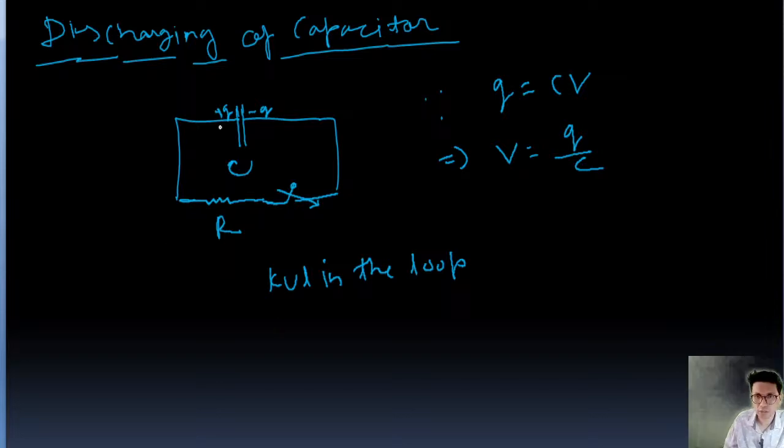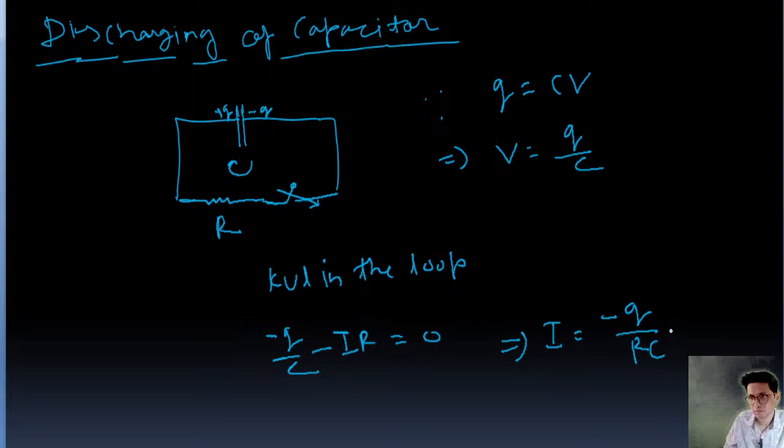Going from plus to minus, the voltage at the capacitor is going to be Q upon C, so this is going to be minus Q upon C minus IR equal to 0. So from here, the value of I is going to be minus Q upon RC.